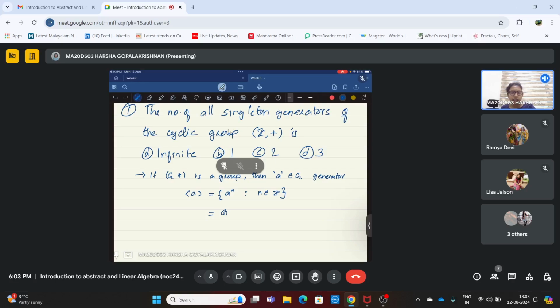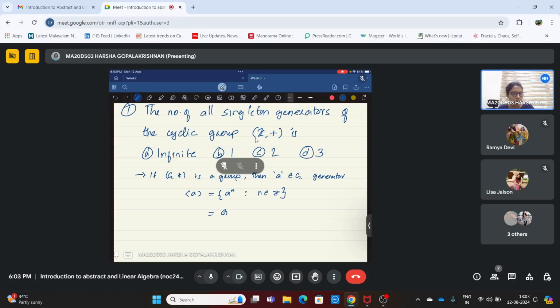A singleton generator is the same as a generator, that is, just one element which generates the whole of G. So the question is how many such generators there are in the cyclic group Z plus. If there is at least one generator, then that group is called a cyclic group. We know one generator of Z plus.